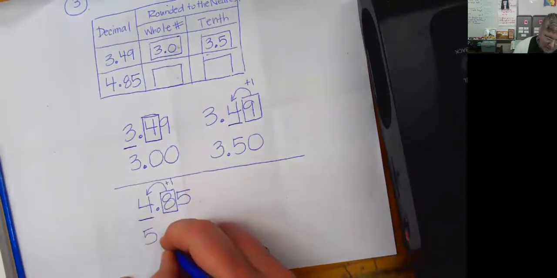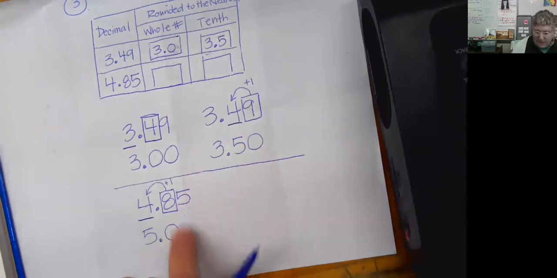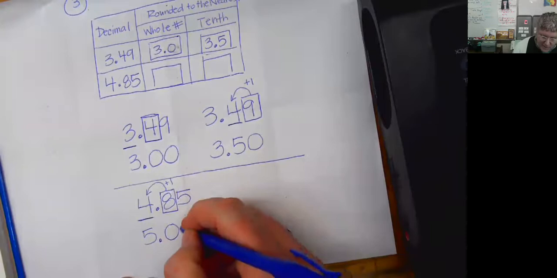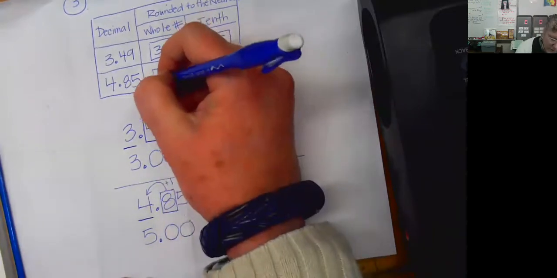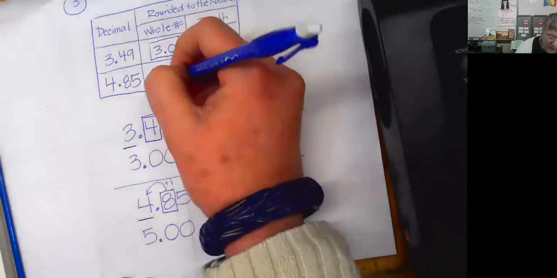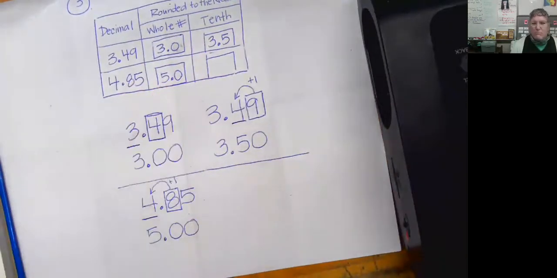My box becomes the 0, my hero 0, and everything to the right becomes a 0. They're not asking us for hundredths. They're saying closest whole number, so I'm going to call it 5.0. Or you could even just write 5. But because we're working with decimals, I put the 0.0 there. So the closest whole number is 5.